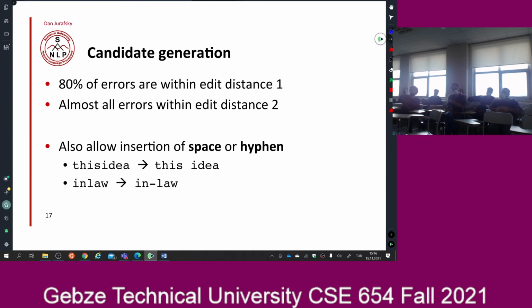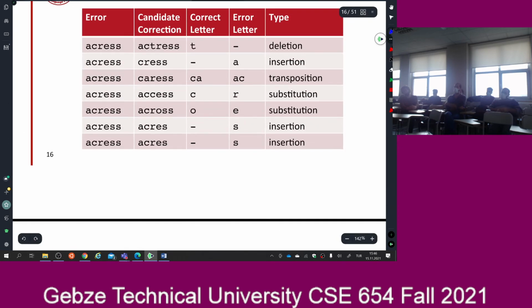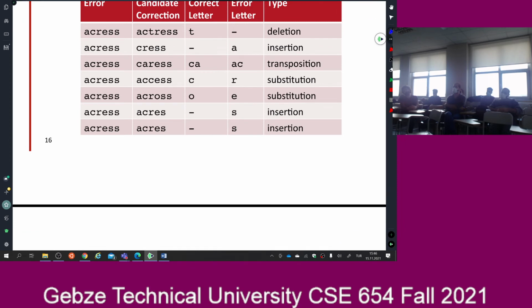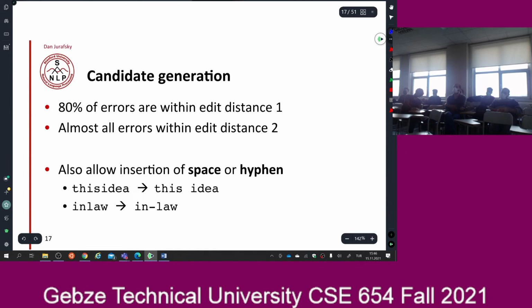We are either forgetting a letter, inserting an extra letter, substituting one letter with another one, or transposing letters, just changing the letters' positions. Each one is a cost of 1. Almost all errors, 99% of them, are within edit distance of 2. Also, don't forget about the insertion of space and the hyphen.